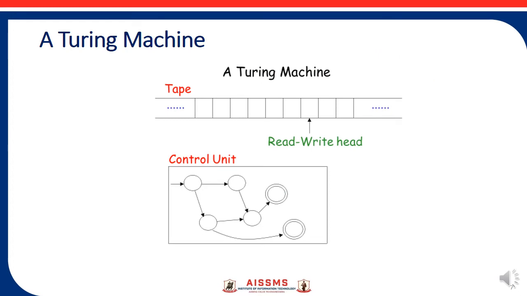Now let us have a look at the model of the Turing machine. Here you can see the Turing machine is represented with a tape which has a read and write head and which is unbounded from both the ends, and there is a control unit which has the tape head pointing to one of the cells in the tape from which the input symbols are read.